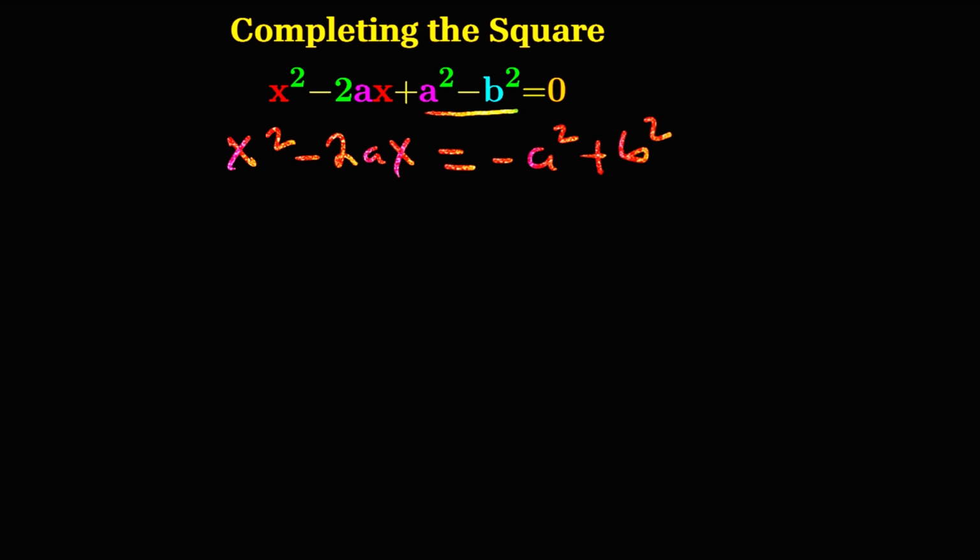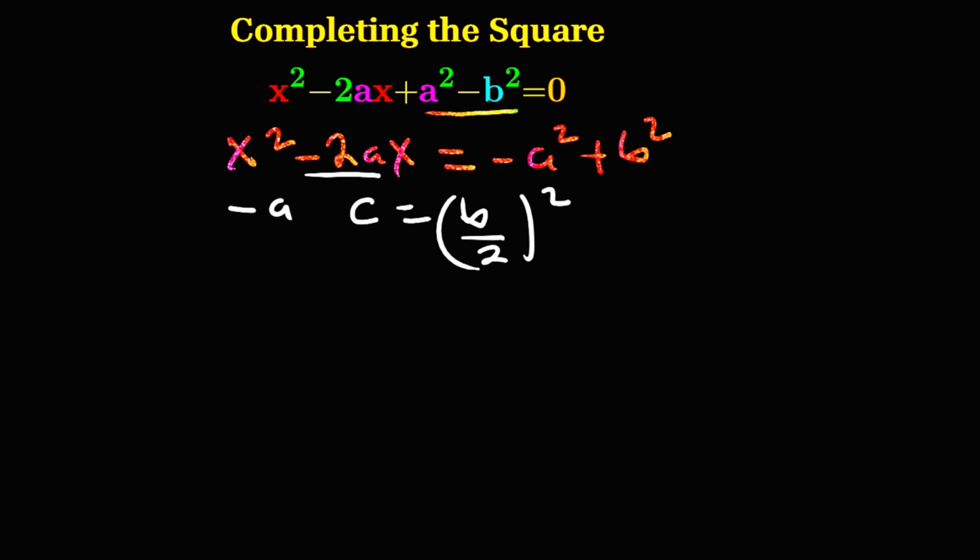The next step would be to introduce a new c to the left-hand side, because the moment we took the constant term to the right, the left-hand side was left incomplete. So we're going to introduce a new c, and we're going to use the relationship c is given by half of b squared. So our b is minus 2a, so half of that is just minus a.